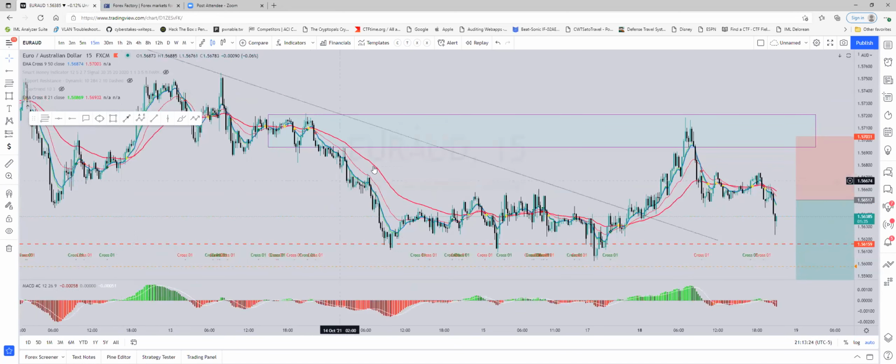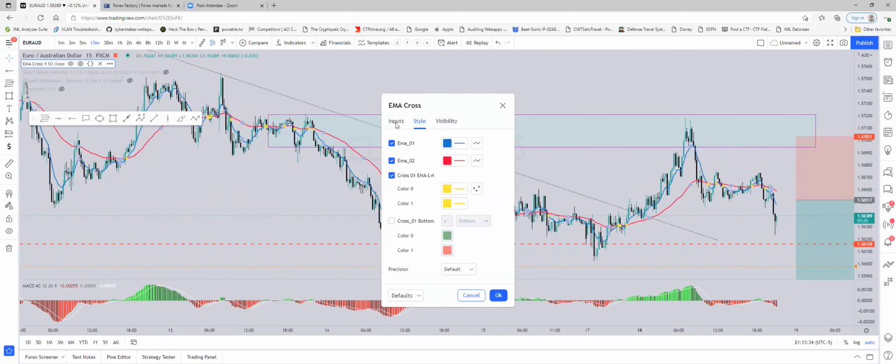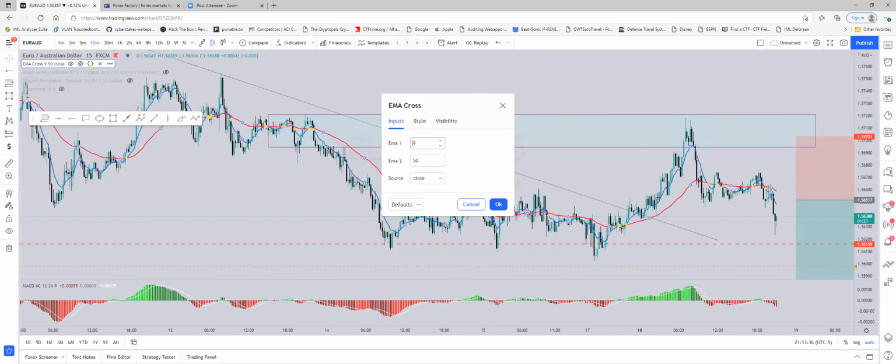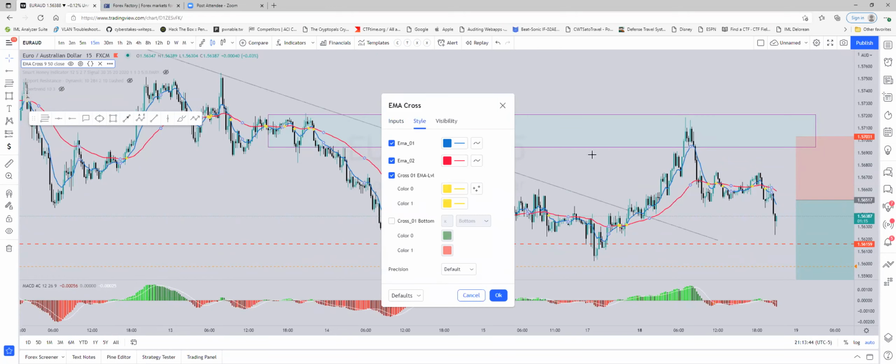So the way it works, starting back up, the EMA cross 8/21. You go to your settings for your inputs. For the 8/21, this will be 8, so just change that to 9. Change EMA 2 to 50. Go to your style.